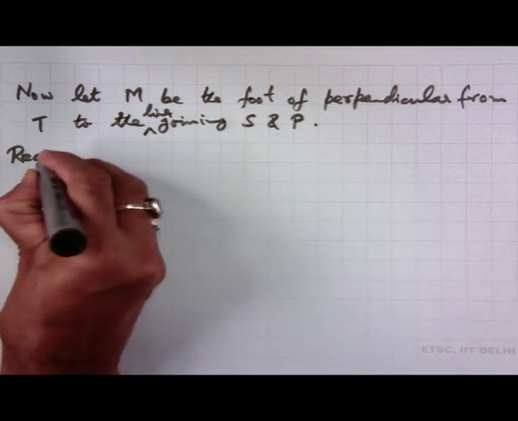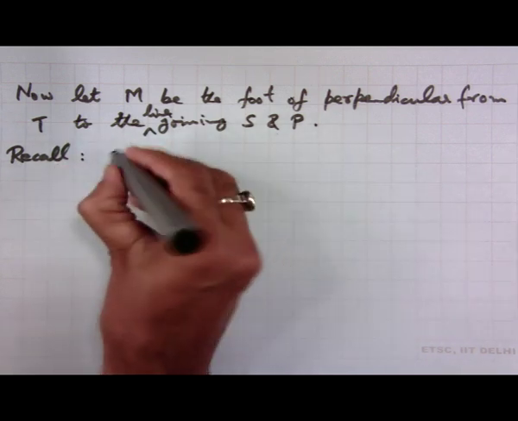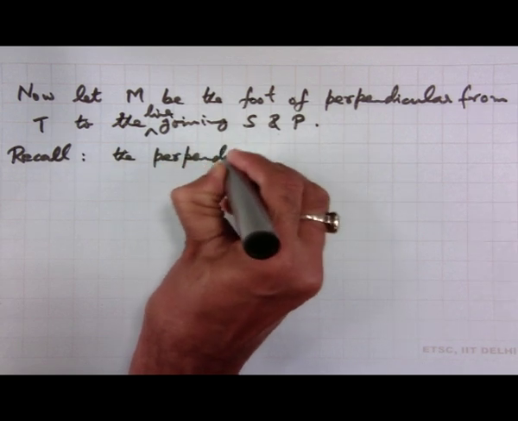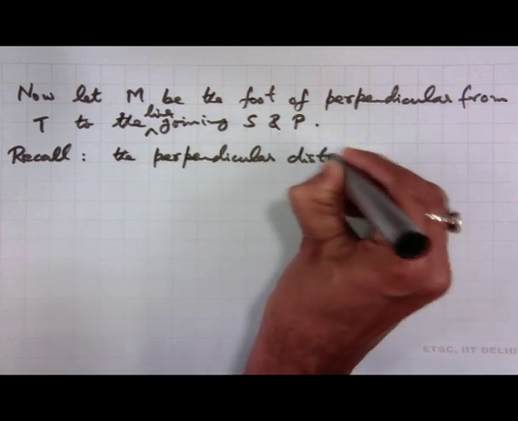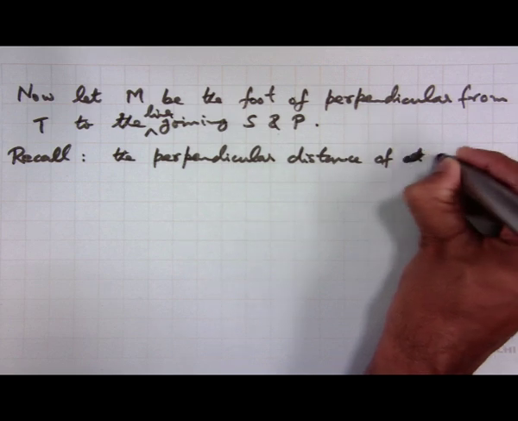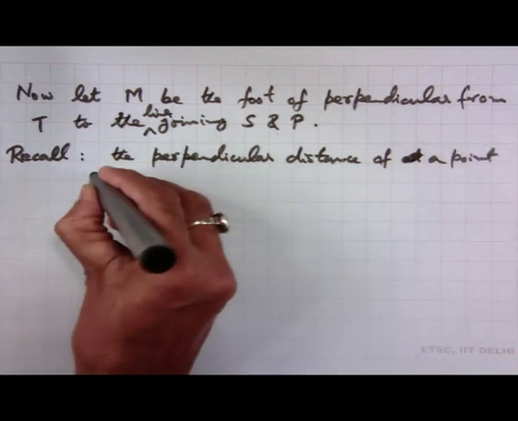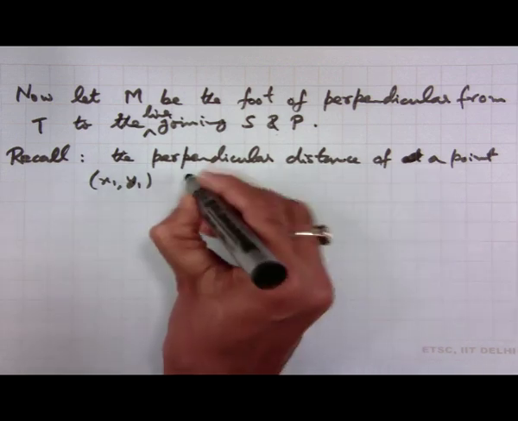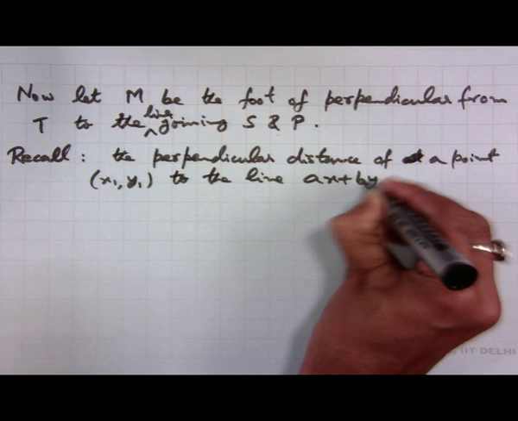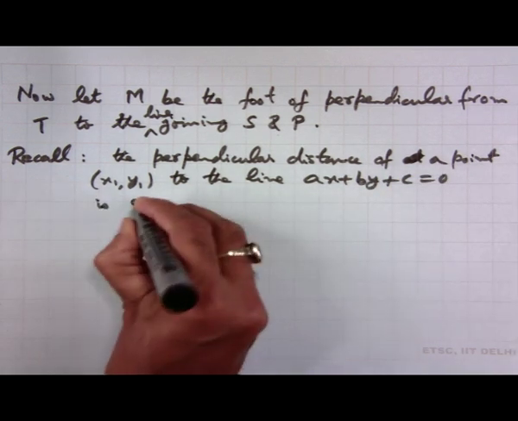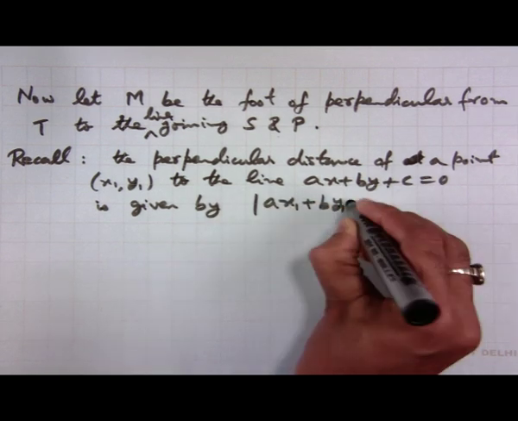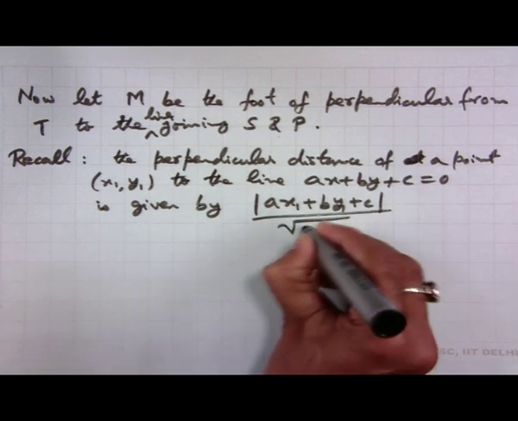Recall the perpendicular distance of a point (x1, y1) to the line ax plus by plus c equal to 0 is given by mod of (a x1 plus b y1 plus c) divided by square root of (a square plus b square).